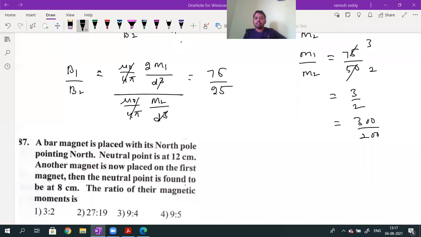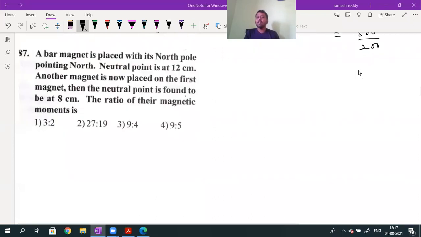Direction of B1, B2, explain. We have explained the direction of B1, B2 many times, and it is still being asked. Whenever we consider a bar magnet, here is the south pole and here is the north pole. If I consider a point P on its axial line, the magnetic field induction on the axial line will be in the direction south to north. This is the direction of B1.